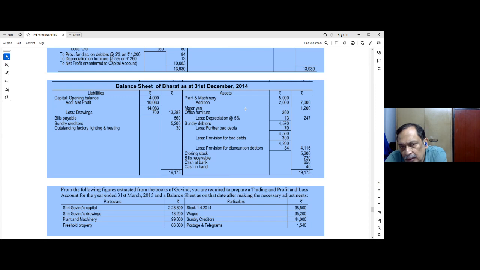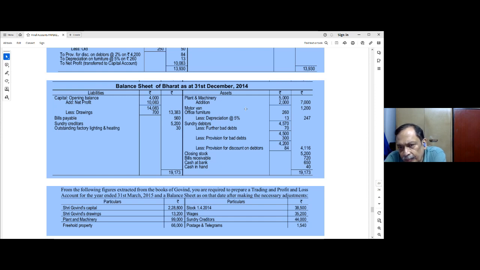After adjusting, we have to increase the plant and machinery account through addition 2000, then motor van, then office furniture, less depreciation.